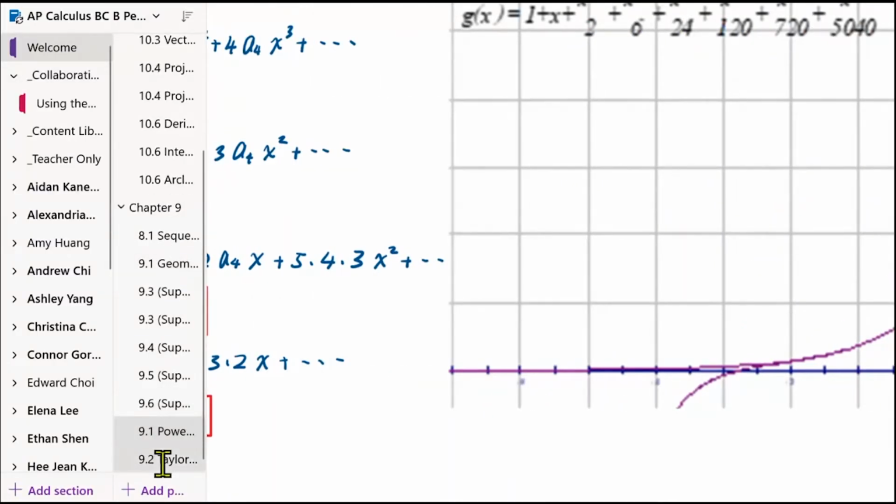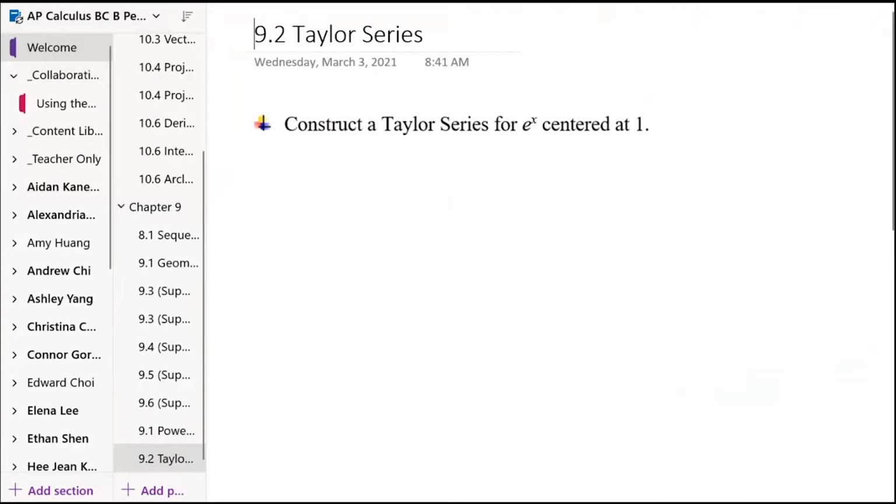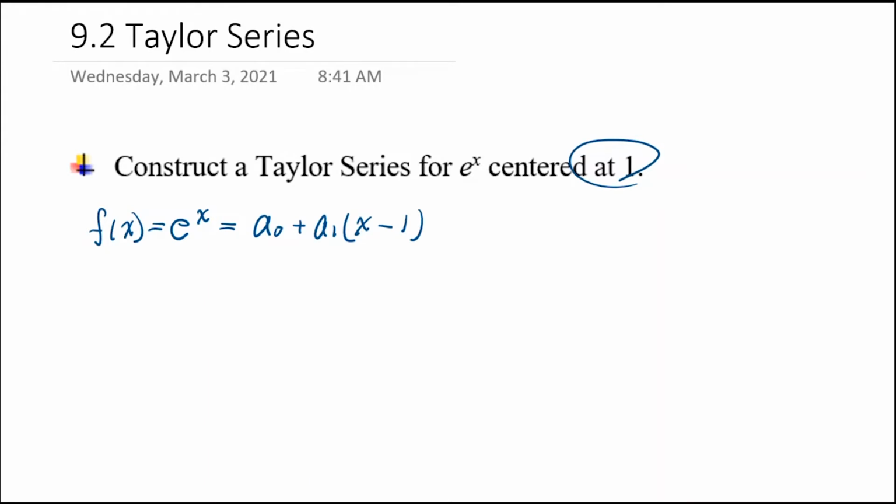So today's topic is Taylor series centered at any other point, not necessarily 1. Okay, let's do that. We're still assuming for every function f of x, in our case e to the x, that this series representation exists. a1, we used to put x here, but now we are shifting this polynomial to the right by 1 because we want our center to be 1.